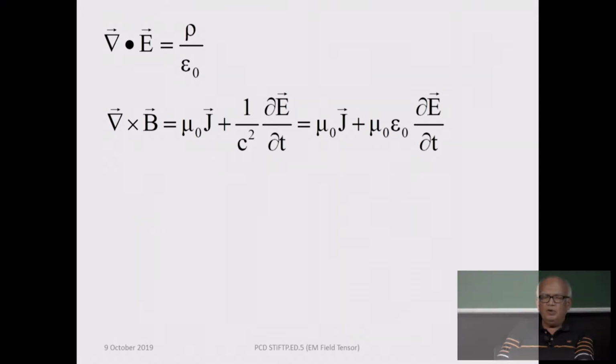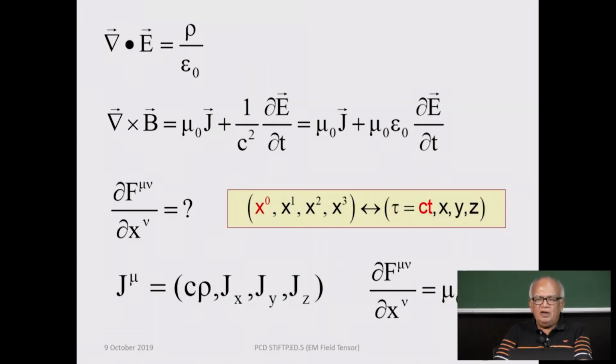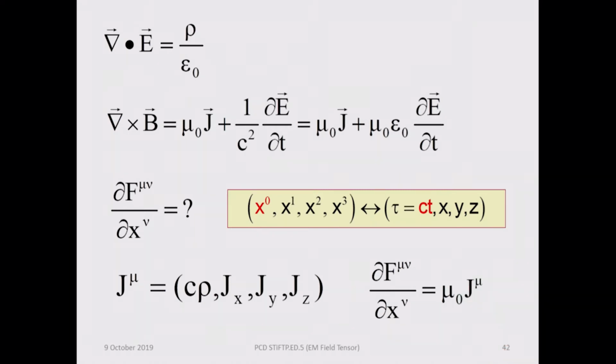Now, let us look at these two equations, and you will see very quickly that these equations come from a single equation if you take the derivative of the field tensor with respect to the coordinates. Okay. And this relation, del F by del x nu equal to mu 0 j mu, all right, is not just one equation, because if you look at the Einstein summation index, nu is a dummy index.